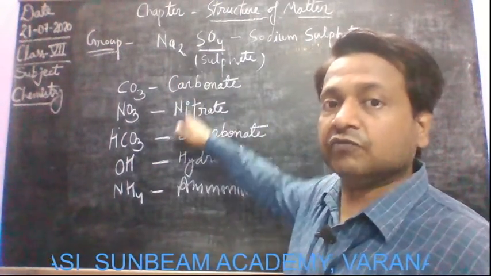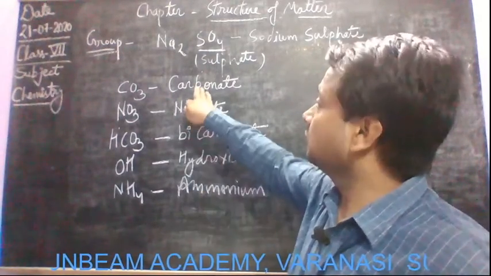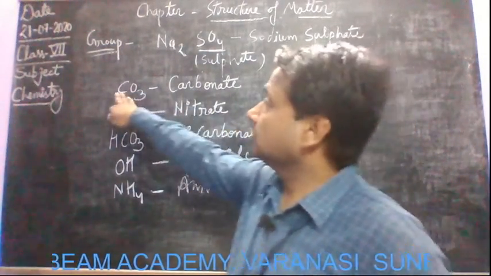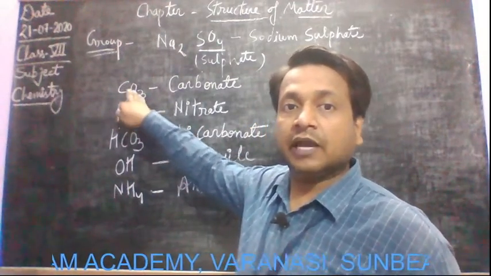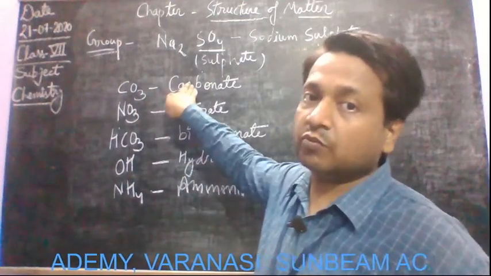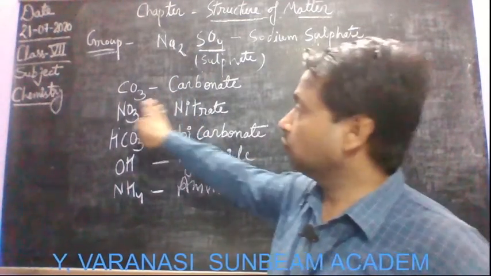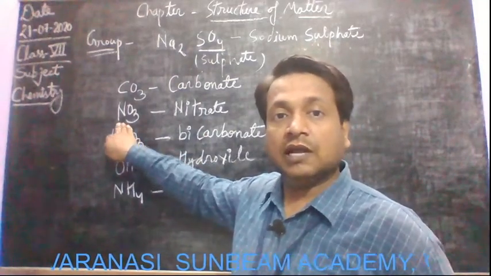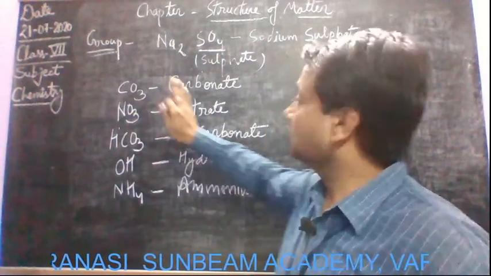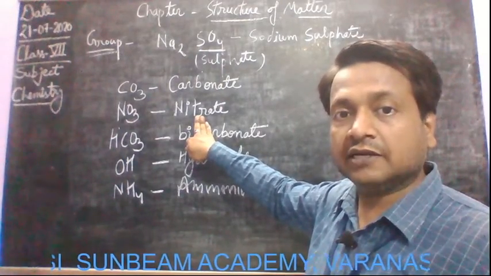And these groups are themselves a kind of compound, because in carbonate, one carbon atom and three oxygen atoms react together to form one molecule of carbonate. In nitrate, one atom of nitrogen and three atoms of oxygen combine together to form one molecule of nitrate.